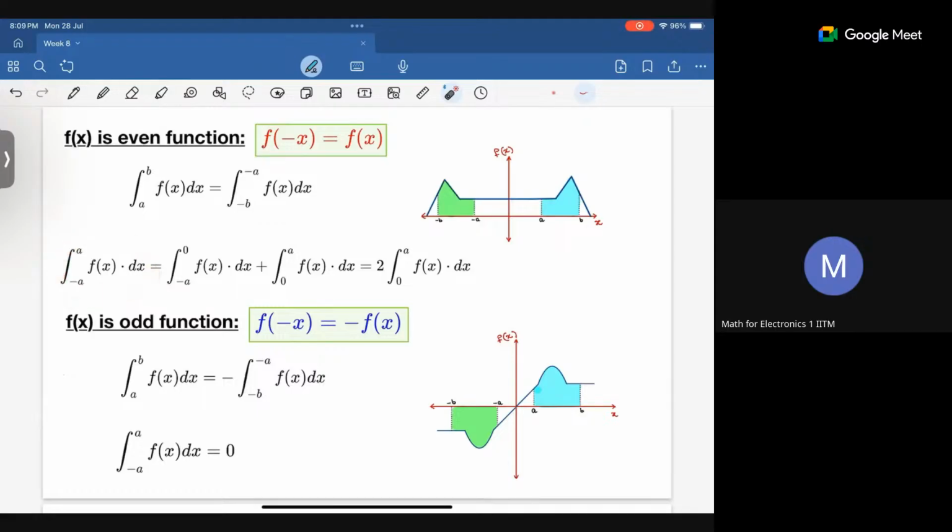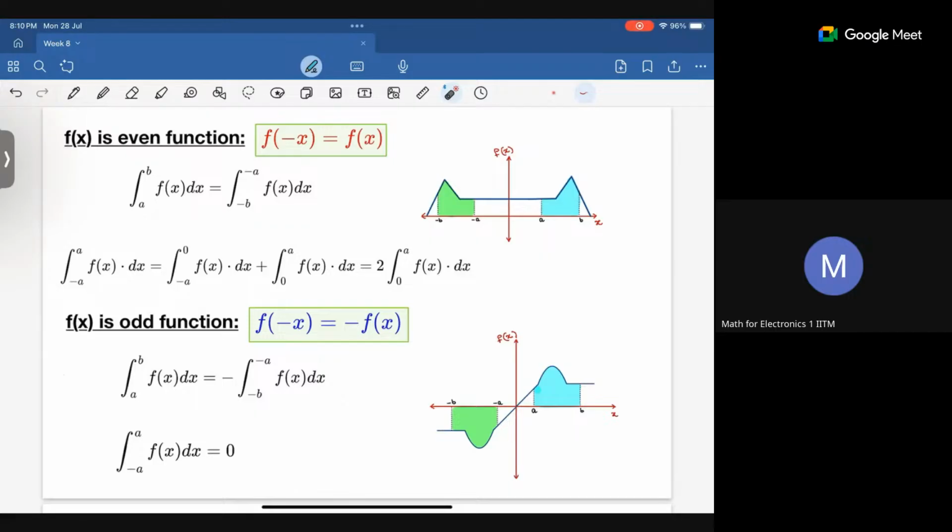Let's say you want to compute from minus a to plus a. You want this area. Should I do from minus a to plus a directly, or is there an easier way? Minus always gets confusing, and also it is the lower limit. When we discuss the fundamental theorem of calculus, we'll see that a minus in the lower limit may create some confusion.